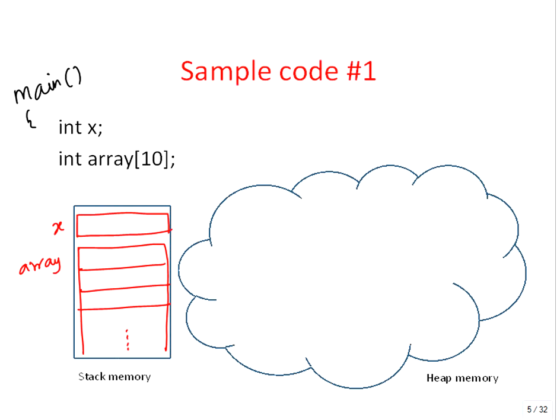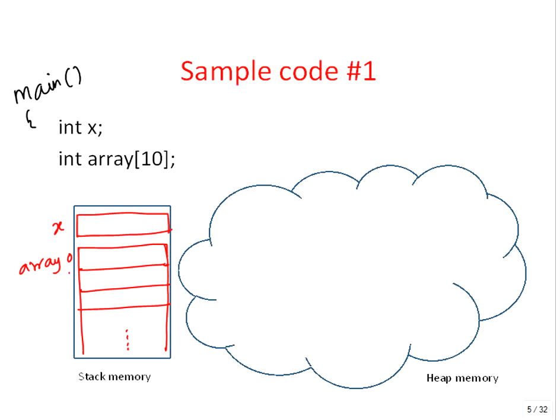I'm loosely assuming the width is 4 bytes. Again, I'm going to talk at a high level, logically. I'm not too worried about exactly how many bytes. So internally this is how it's going to look.